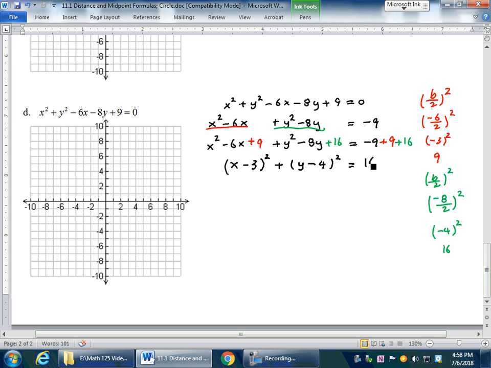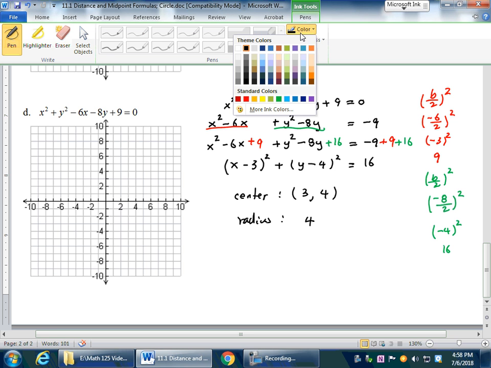This helped me see that my center is at (3, 4), and my radius, since 16 is 4 squared, will be 4. Now I can use this center and radius to graph it.